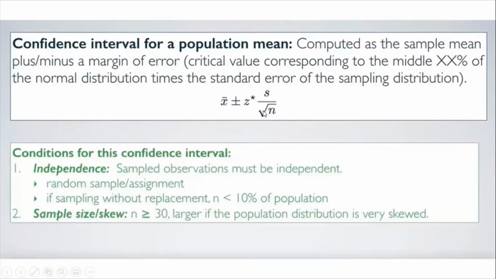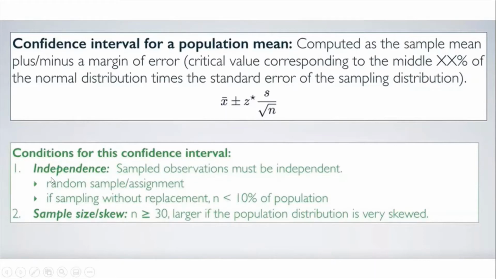What are the conditions to use the confidence interval? Basically, these conditions are the same as for the sampling distribution or central limit theorem that we discussed yesterday. First, you need the independence condition met, which happens when observations are independent of each other.